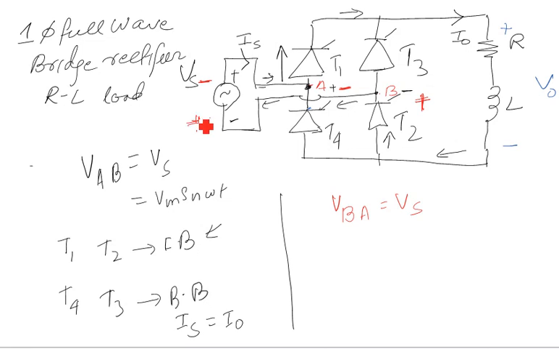So A potential will be negative and B potential will be positive. Because of that, T3 and T4 will be forward biased and T1 and T2 will be reverse biased.